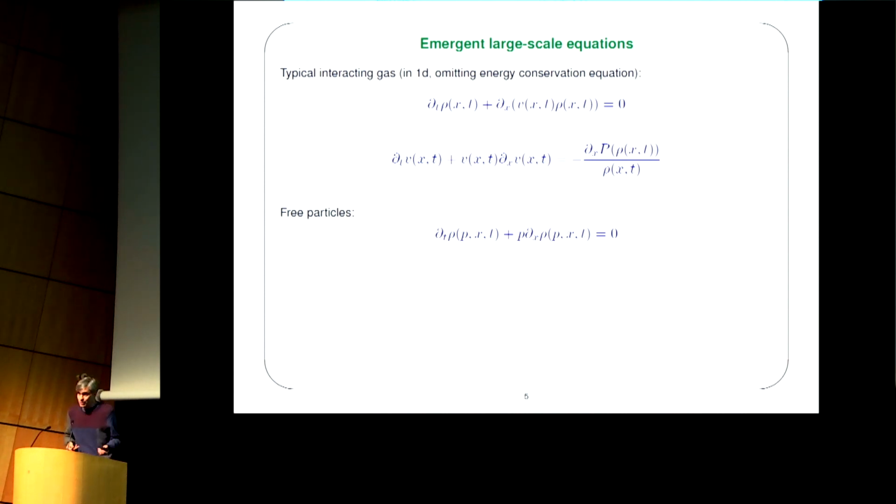The other thing that I want to say is that there are many systems that fall within neither of these classes. In particular, if you go in the lab and do these cold atom experiments where rubidium atoms are constrained to be in 1 dimension, they are described by something called the Lieb-Liniger model. This model is integrable. It has infinitely many local conserved quantities and currents, and it is interacting, so that equation is wrong, and it is integrable, so that equation is also wrong.